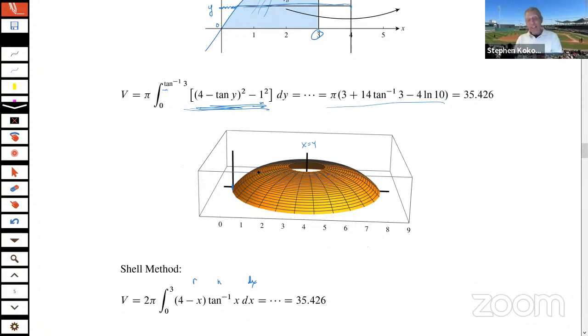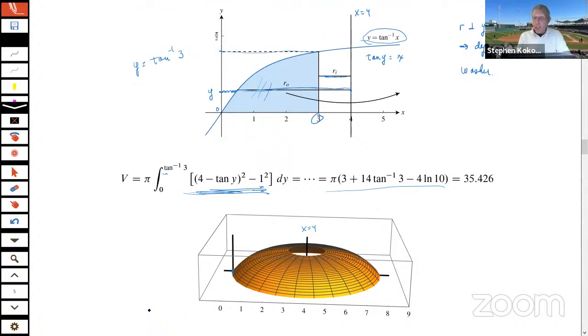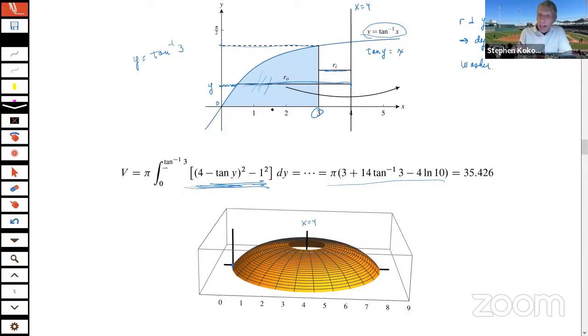All right. So I think this is the expression for the shell method. There's a 2 pi out in front, and I apologize for this, Curtis, but I'm going to go back up here to this figure just for a minute. If we're using the shell method, and my figure is going to get a little messy, here's a way that I think about this.